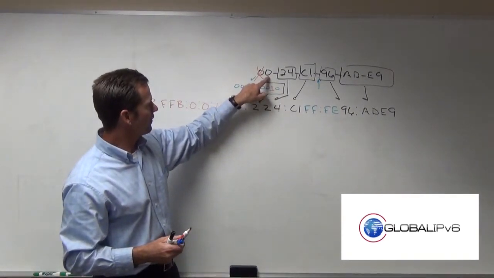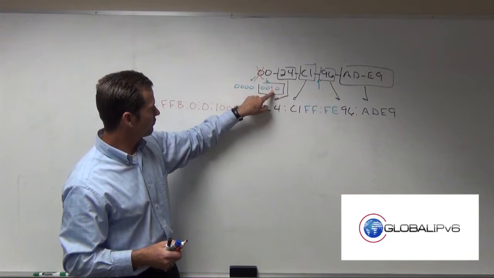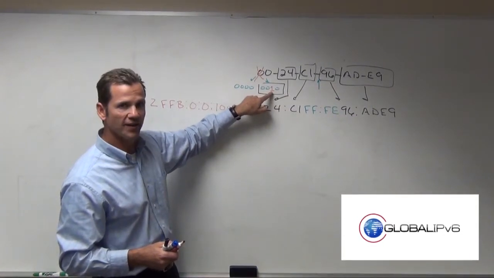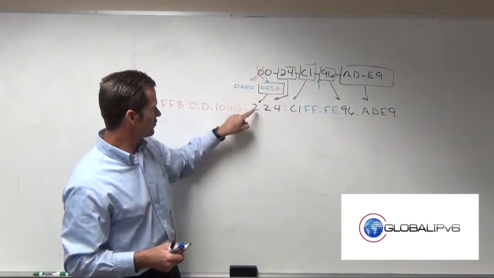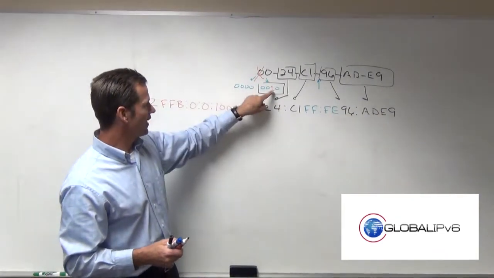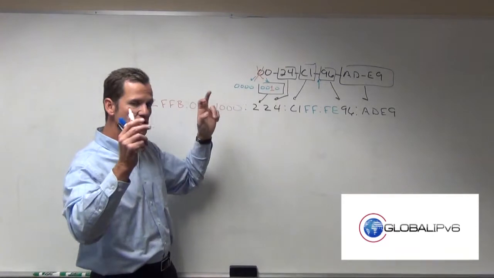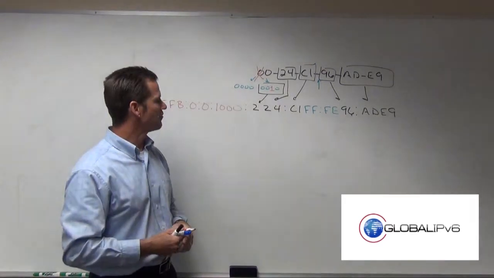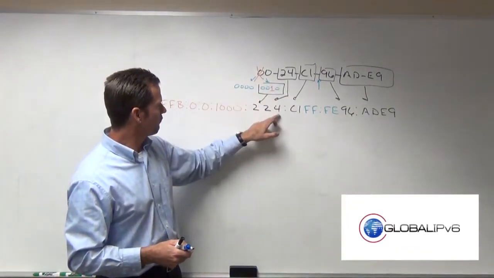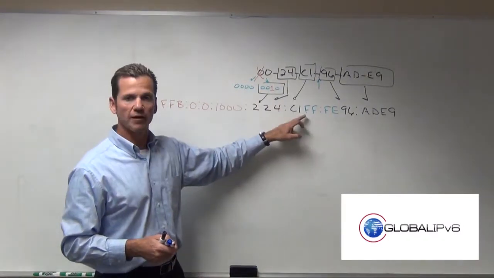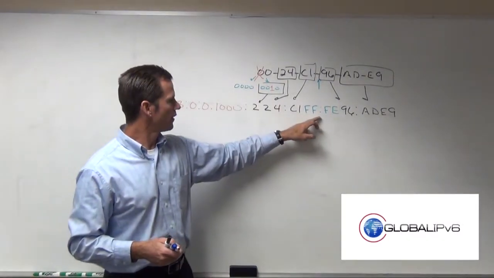The second 4 bits over here is changed from a 0 to a 1 on the second least significant bit, which results in a 2. The reason that was changed, once again, is because it came off of the Ethernet card, meaning it must be a unique MAC address. Then you have 24:C1FF:FE.